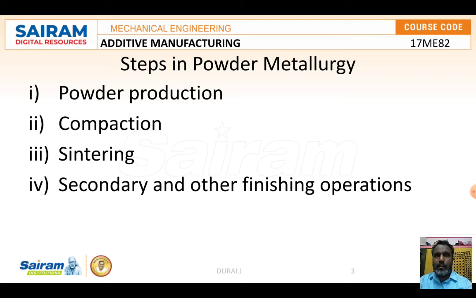Here the raw material for powder metallurgy components is in powder form. These powders are made from engineering materials and manufactured to precise specifications to facilitate subsequent processing.